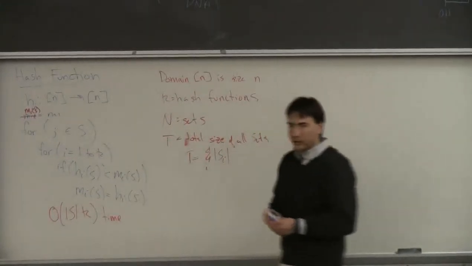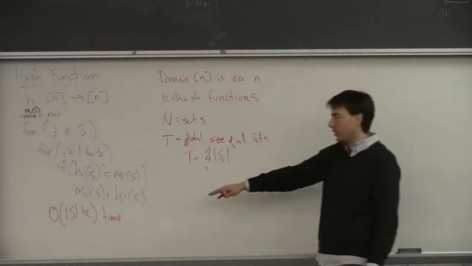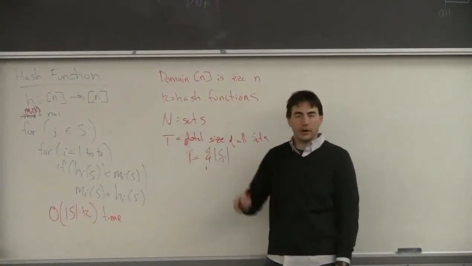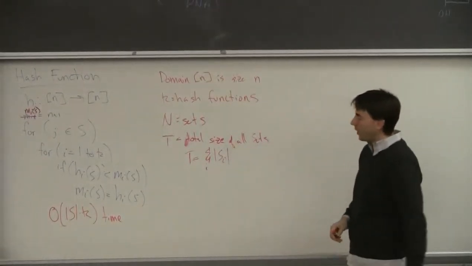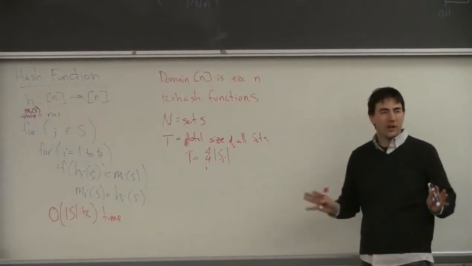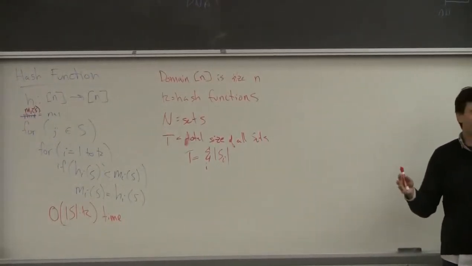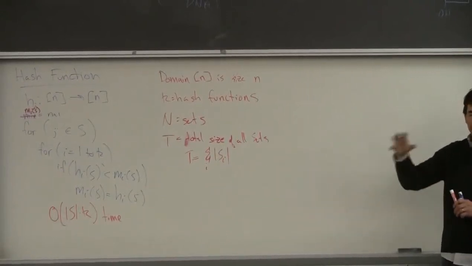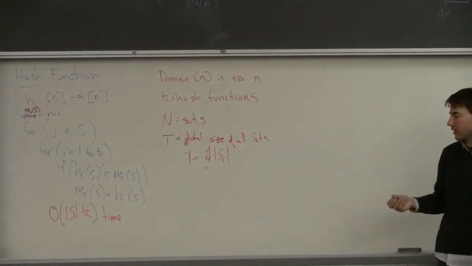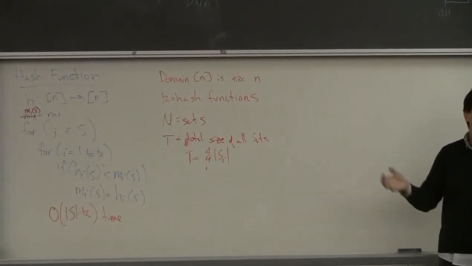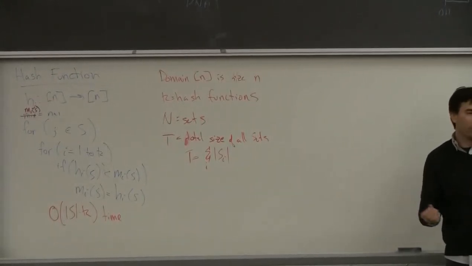All right, who has not seen this big O notation before? Just a quick review. This is very common computer science notation for the asymptotic running time. You're trying to ignore constants and see how something scales as the size of your problem grows.